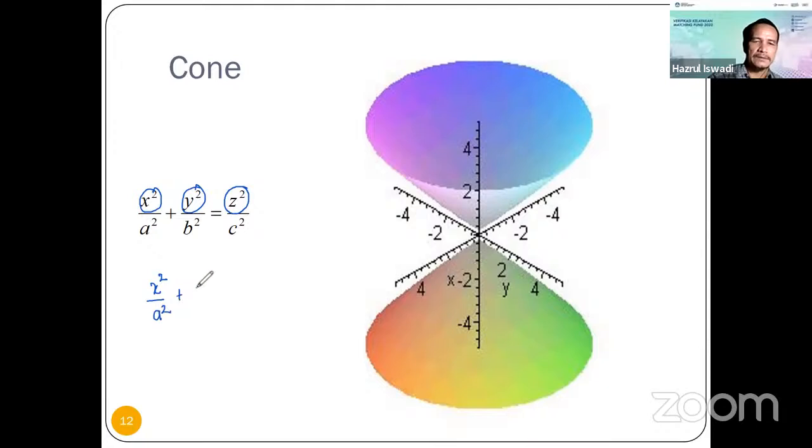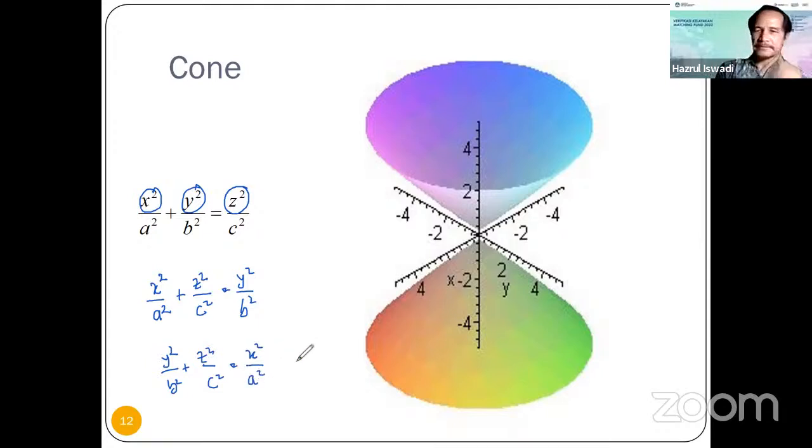The other equation might be z squared divided by c squared equal to y squared divided by b squared, or maybe y squared over b squared plus z squared over c squared equal to x squared divided by a squared. Maybe we have some combinations for cone.